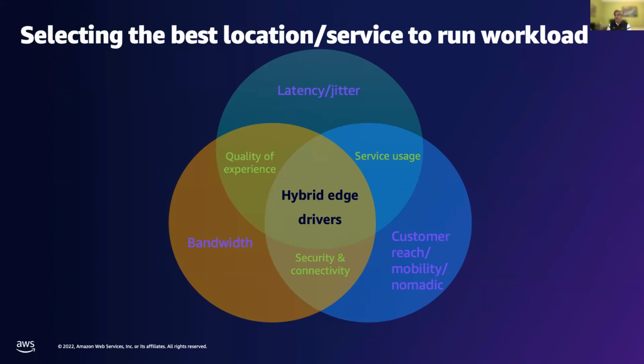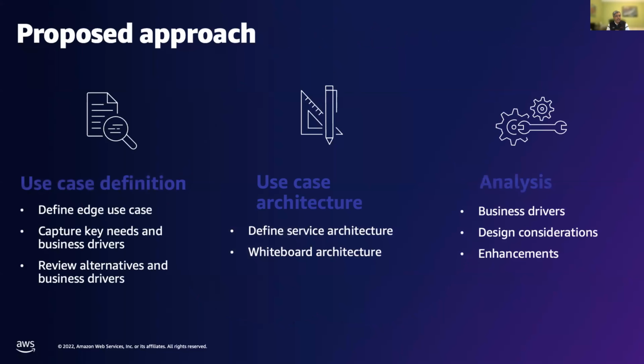And then we'll go a little bit more into what the AWS approach is. Our proposed approach is fairly straightforward and simple, right? We approach everything just like we approach any other workload or service. We say, okay, what is the use case? What exactly are we trying to solve here, right? So you have to define the edge use case.